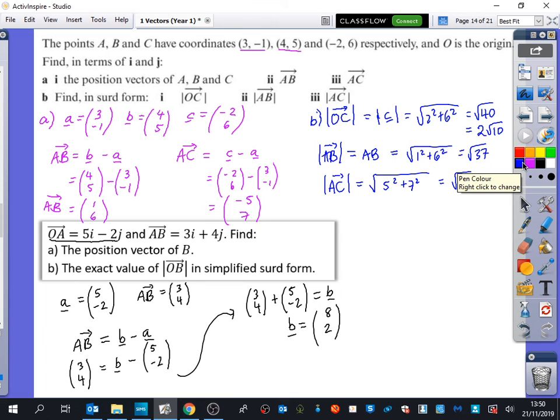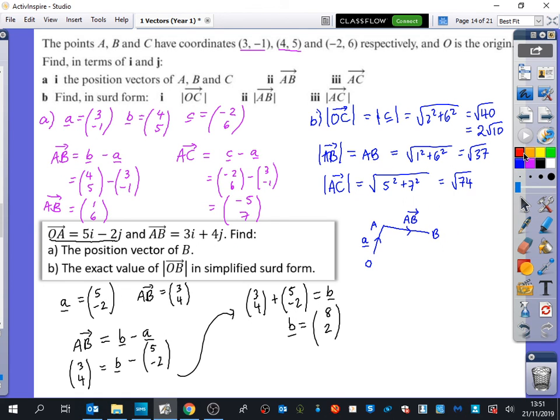The different way that you could have done this part over here is we could have thought about the geometry of this. What does it look like when you draw it? That's what I mean when I say the geometry of something. What does it look like? So I've been told what OA is. So if I call that O and if I call that A, I know what that journey is, and we called it A. We've also been told what the journey AB is. So there's B, and I know what this thing here is. It's AB.